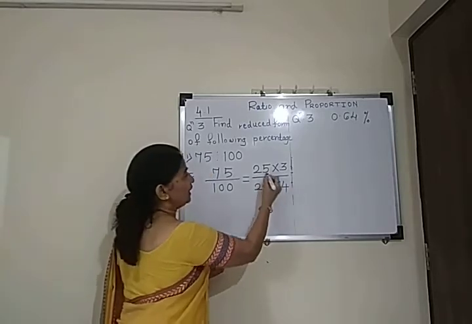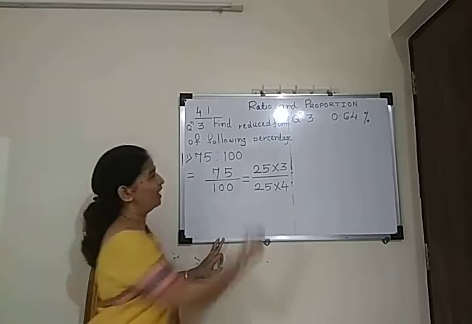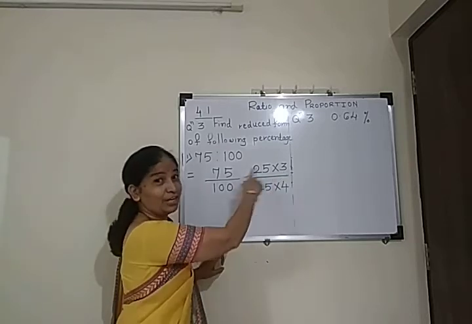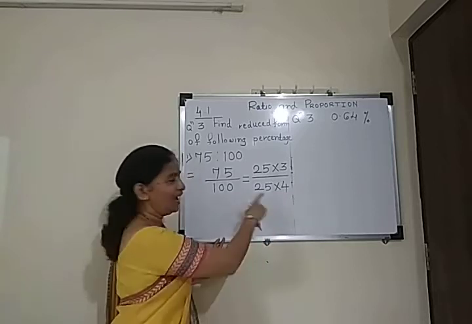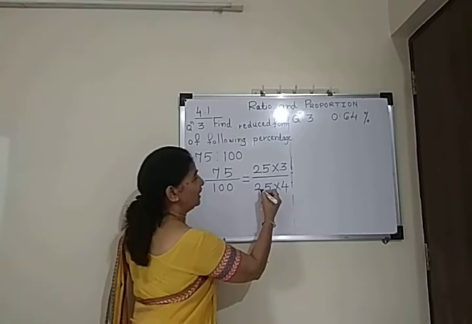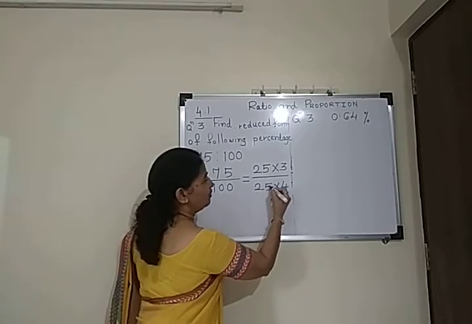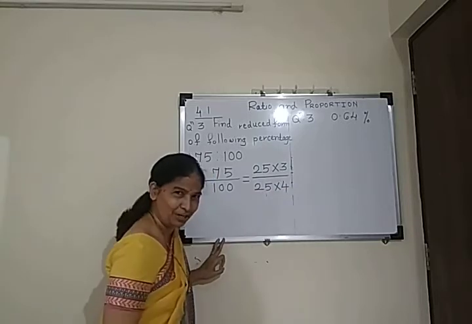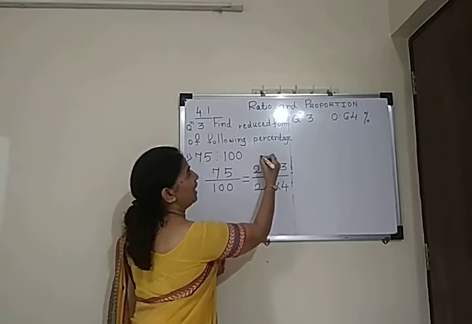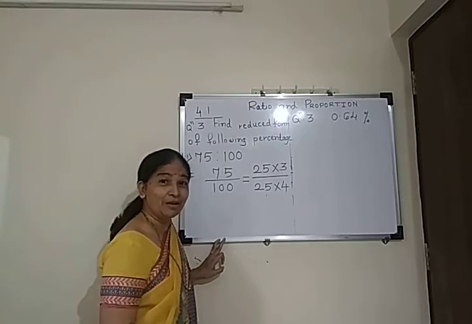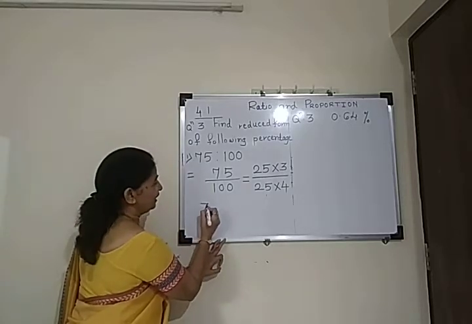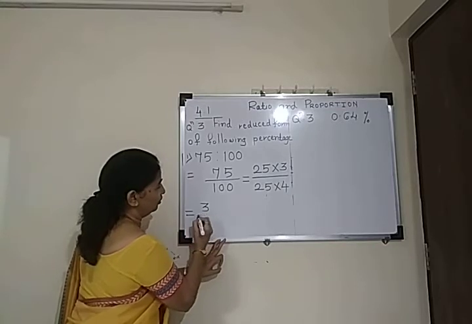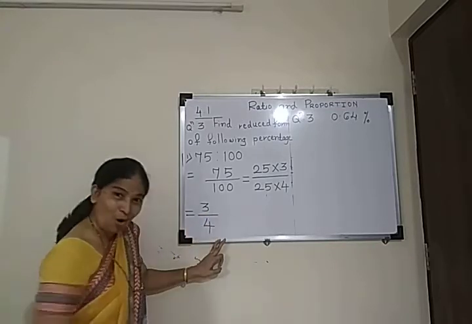So, 25 into 3, because 25 3s are 75, and 25 4s are 100. So 25 1s are 25, and what's remaining is 3 upon 4.